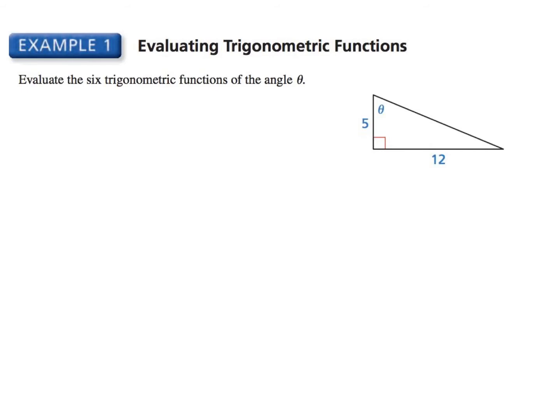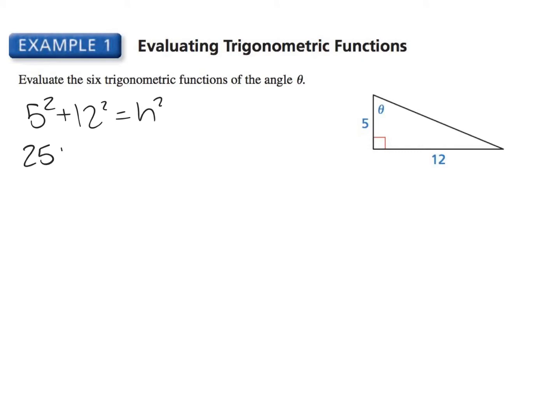So, also because it is a right triangle, we can use the Pythagorean theorem to find that missing value. So we've got 5 squared plus 12 squared equals, we're going to call that h squared, because that's our hypotenuse.